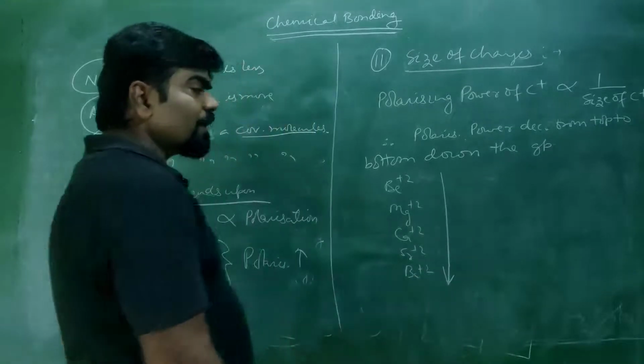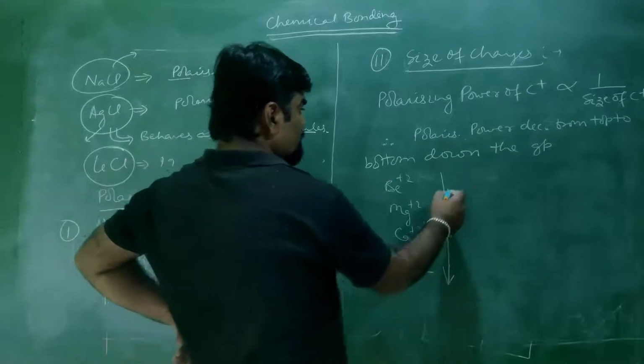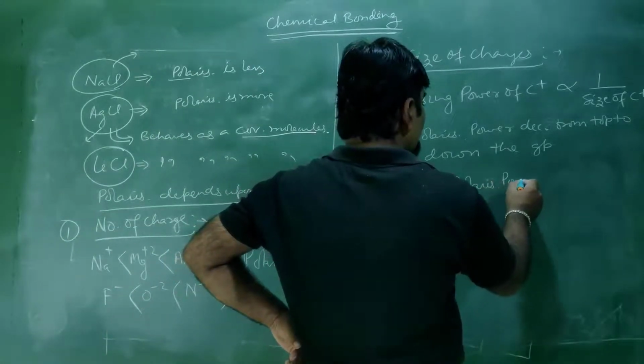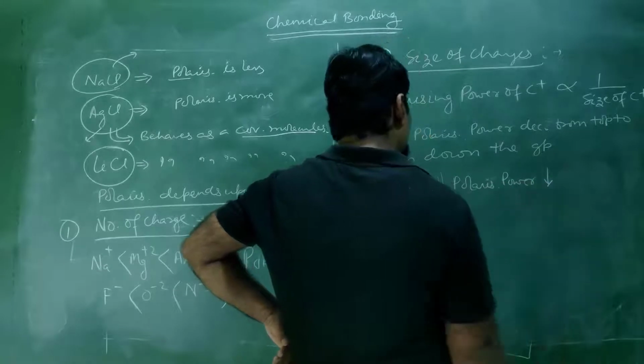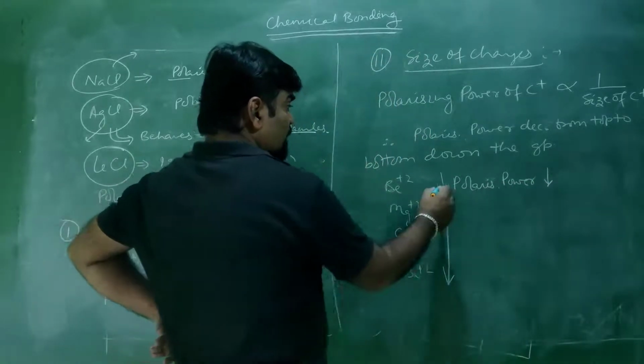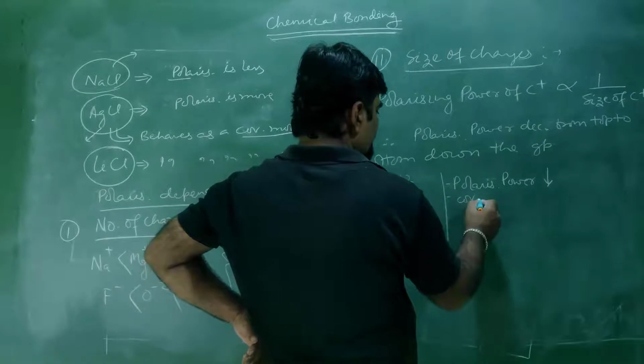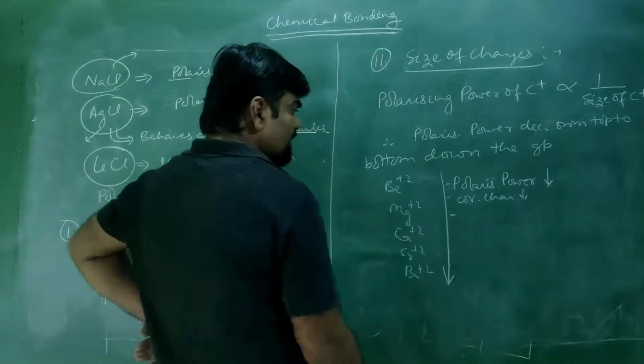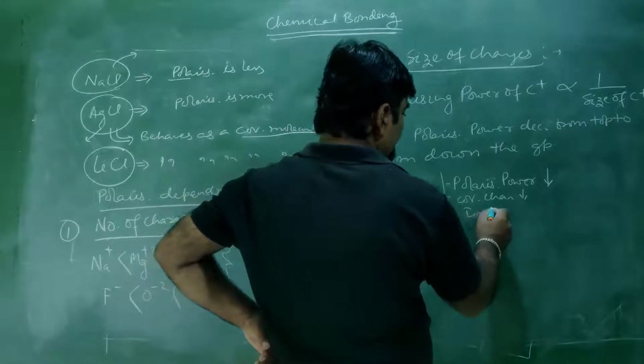From top to bottom, polarizing power decreases. If polarizing power decreases, their covalent character decreases, but ionic character increases.